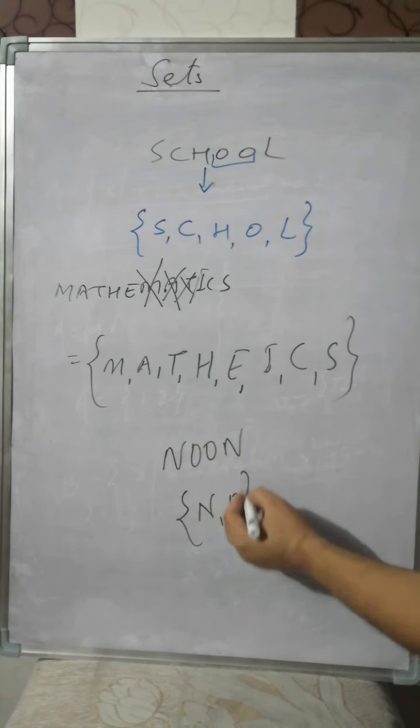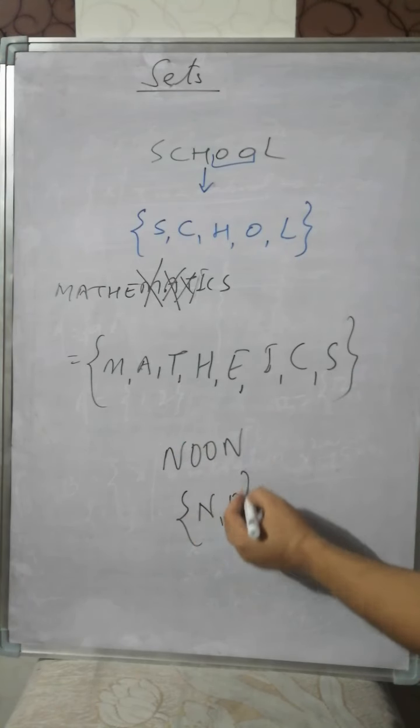Now, how to convert the roster form into the set builder form. For example, if I am given a set, since all of us can make out that this is the set of even natural numbers less than or equal to 10. One very basic way of writing it is x such that x is an even natural number less than or equal to 10.